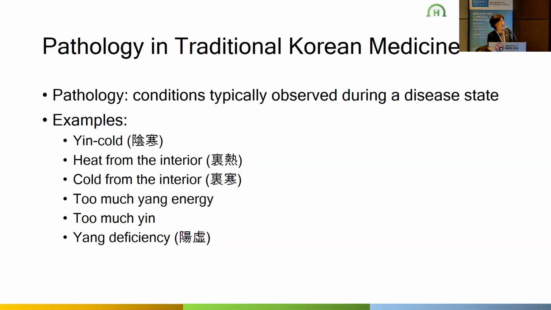Or it could be heat from the interior. We saw interior and exterior, so it's heat coming from the interior or cold from the interior, things like that. Or too much yang energy or too much yin energy, or yang deficiency or yin deficiency. I hope you understand the pathology coming from traditional Korean medicine.